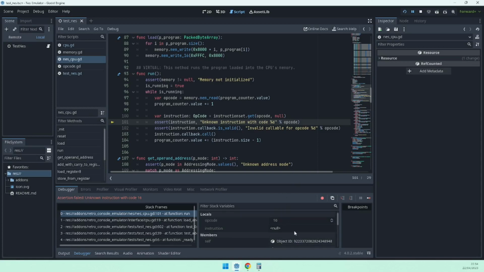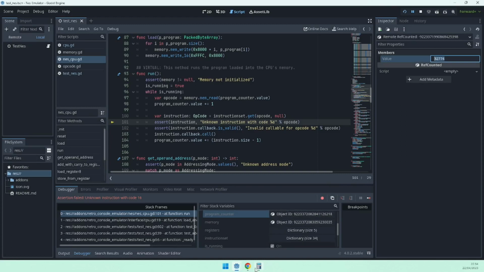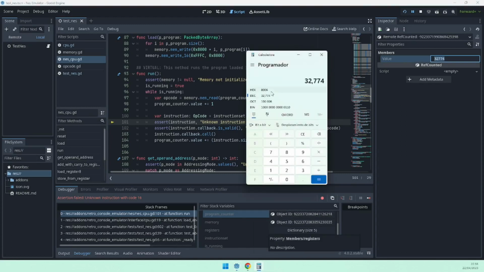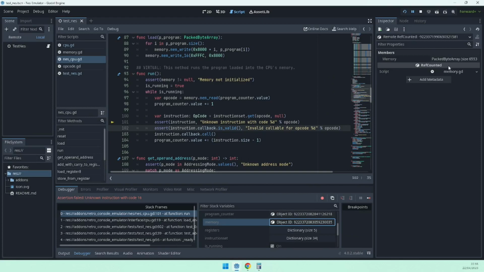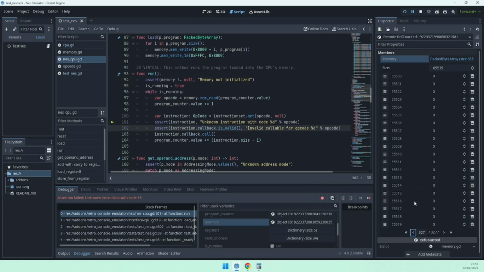Program counter. Okay, it's 8006. Mm, I don't think it's going to work.